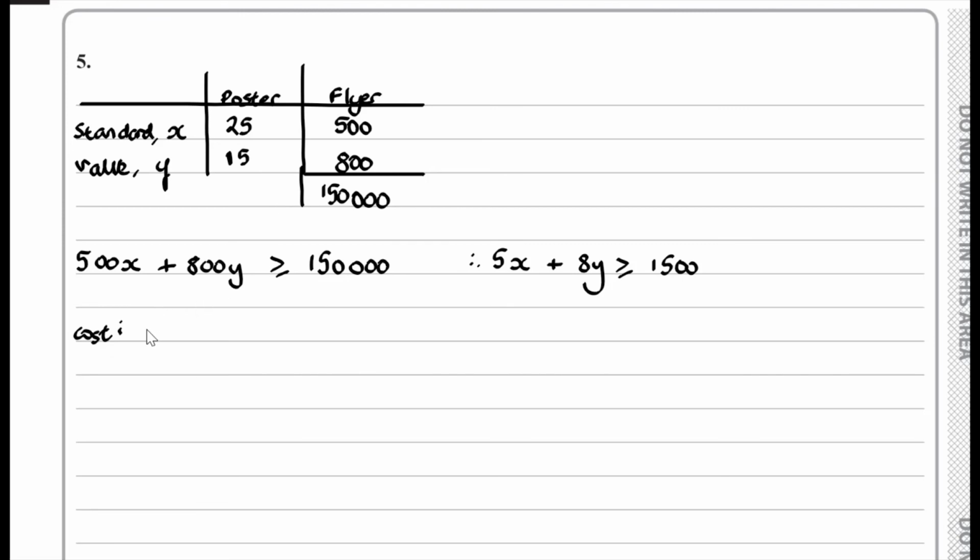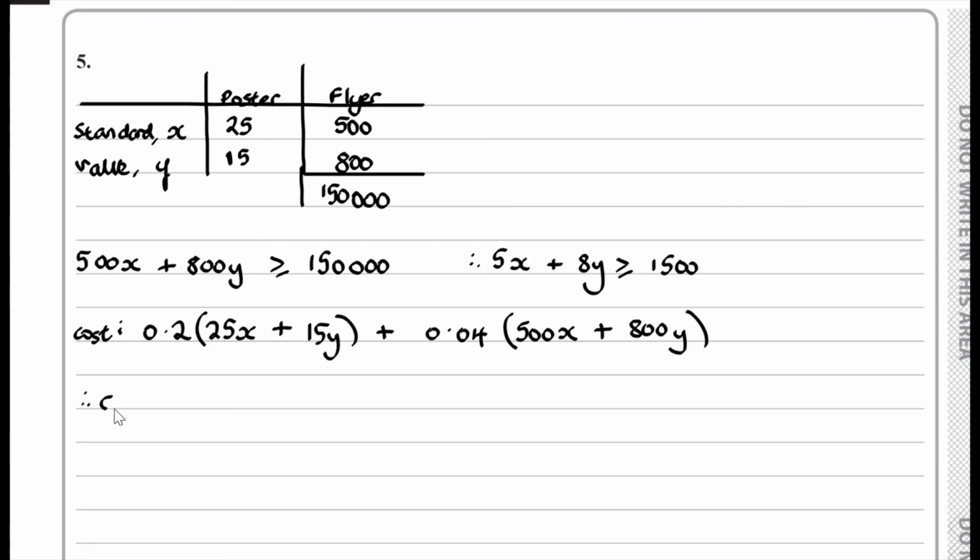So if it's 20p per poster, we have 20p, which we'll write as 0.2, converting it into pounds. And then we have 25 standard posters, so we have 25x plus 15y. And then we have 4p for flyers, so we have 0.04 lots of 500x plus 800y. And therefore, you'd find the cost to be 25x plus 35y. Okay, so that's just collecting like terms.